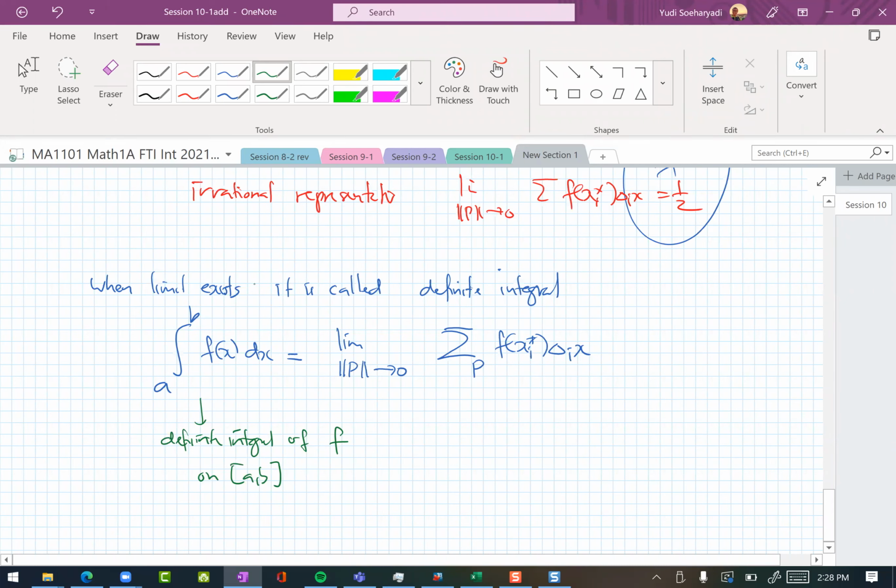Oh, sorry, this is when the limit exists regardless of the choice of representative.